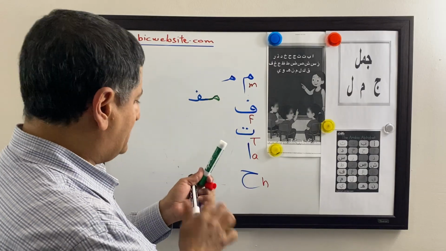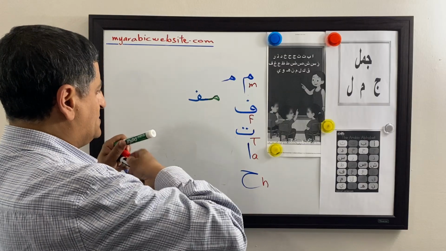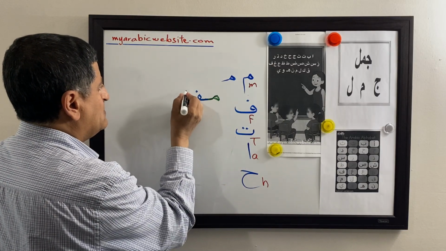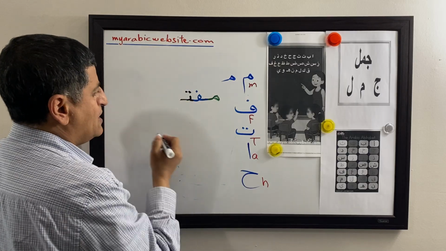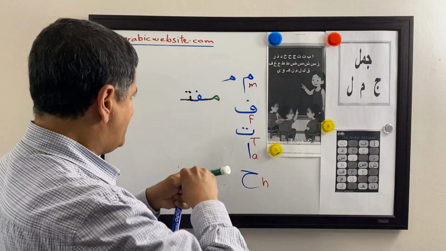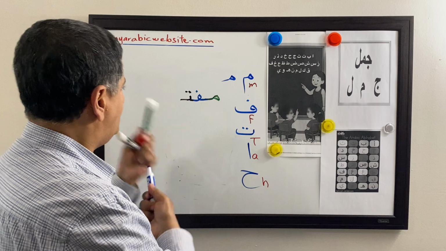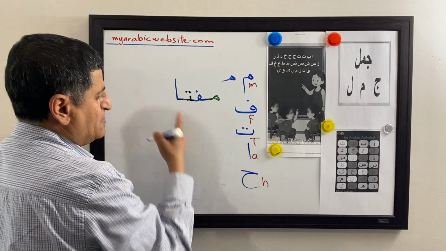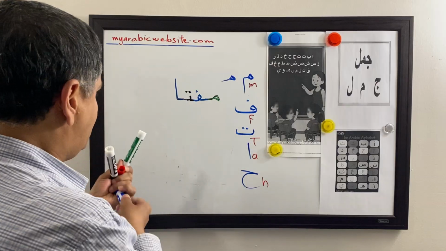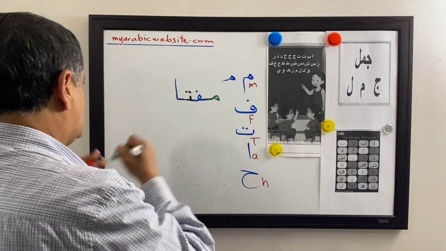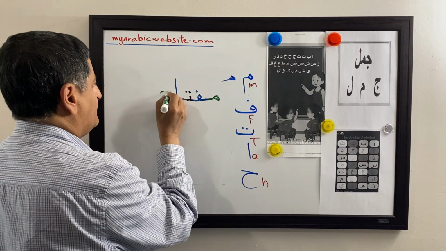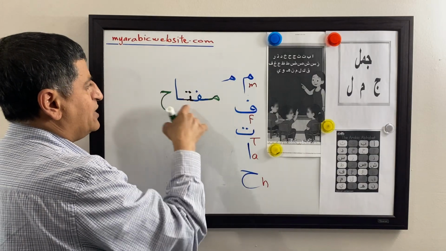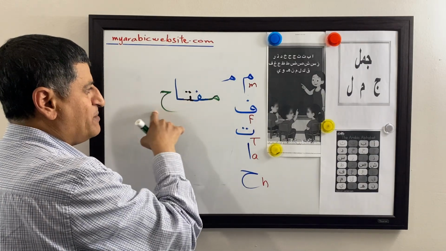Then we have ta in the middle like this. This is ta. Then we have alif. This alif. Then we have the ha. I try to use different colors to the green. Miftah. Oh, how to say it? Meem, fa, ta, alif, ha, miftah.